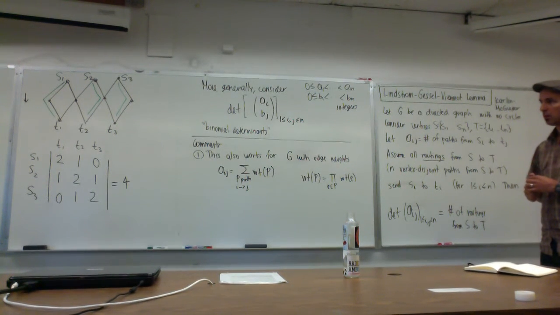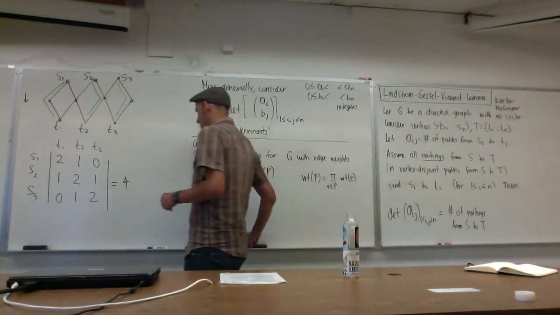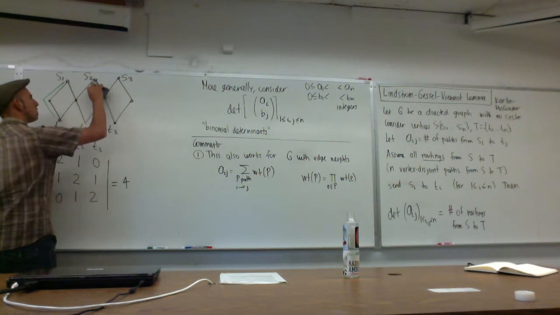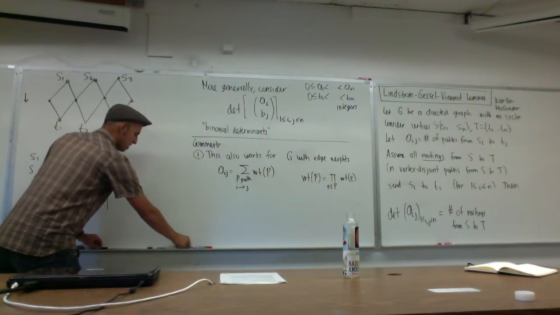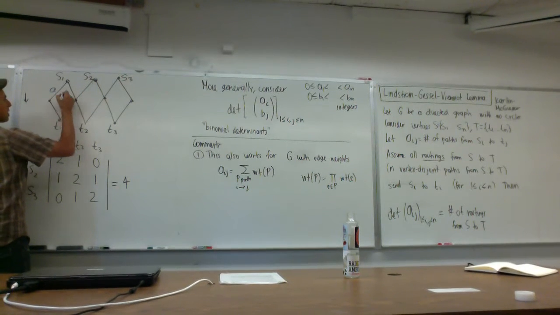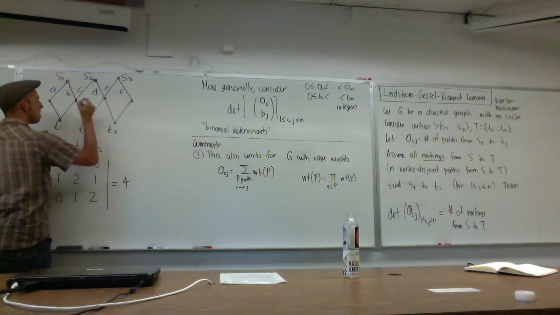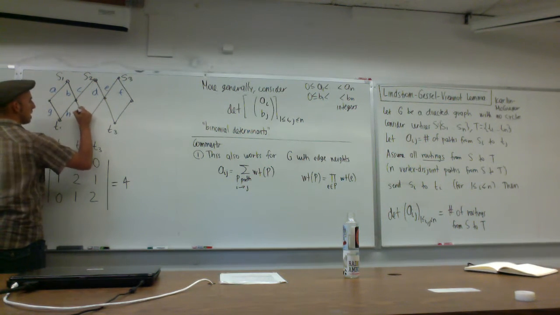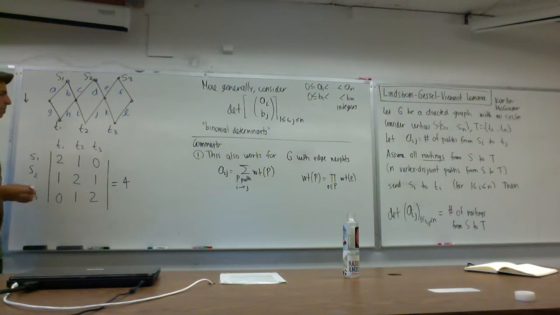Okay? And so what does that look like here? Well, I want you to now imagine that we gave a weight to each edge. Okay? And it doesn't really matter what weight I give it, so let's say this is A, B, C, D, E, F, G, H, I, J, K, L. Okay?